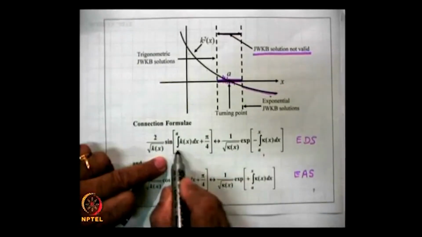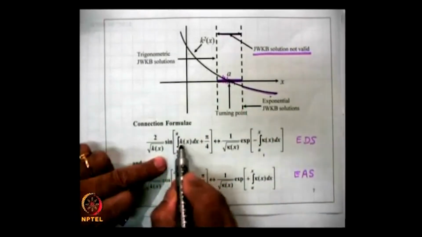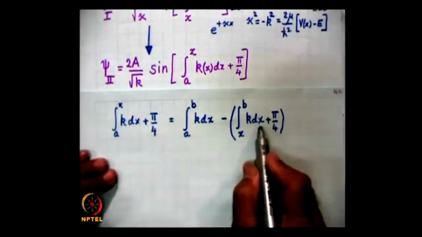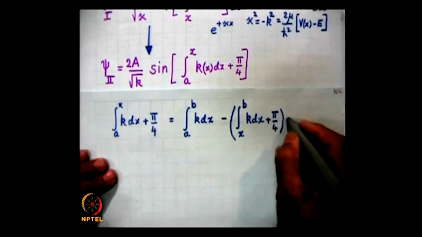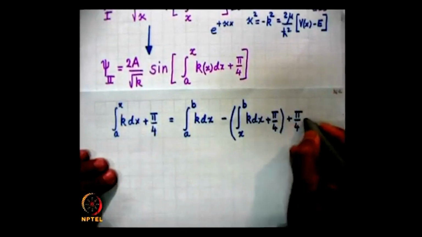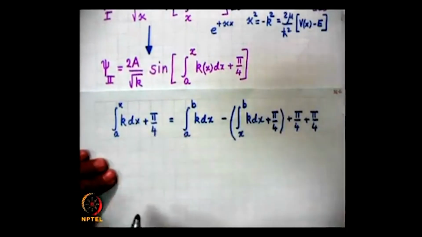So, you will have x to the turning point I have denoted by b, so integral x to b k dx plus pi by 4. So, here there is a pi by 4 and this is minus pi by 4. So, I have 2 pi by 4 plus pi by 4 to take care of this and plus pi by 4 to take care of this.